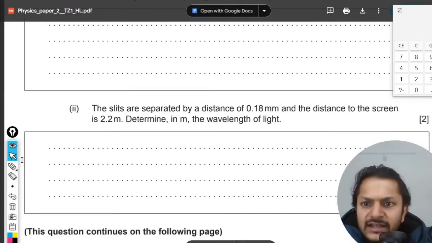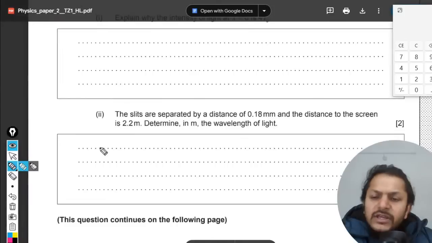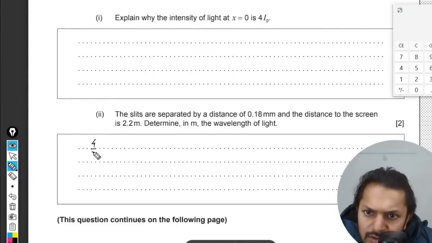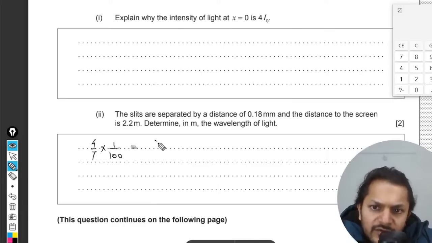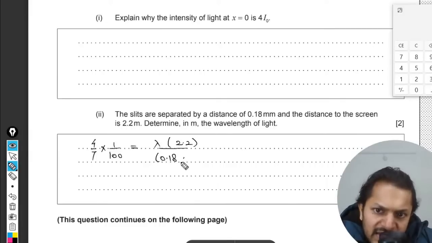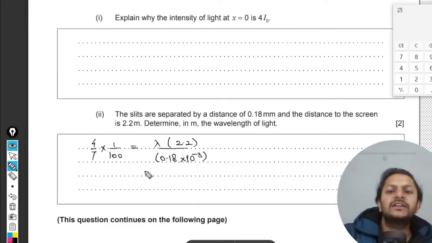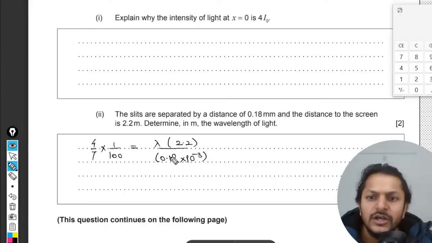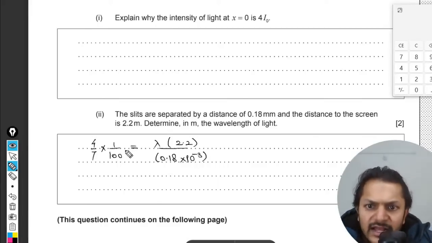It means that the answer here is 4 by 7, and because it is in centimeter, we will multiply by 1 by 100. Wavelength we want to find, capital D is 2.2 meter and small d is given in millimeters. That has to be converted into meters. So this is how we do this question.